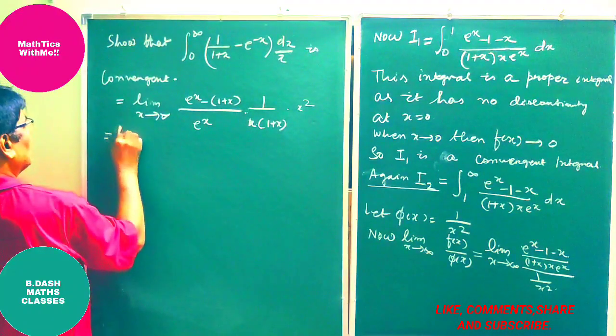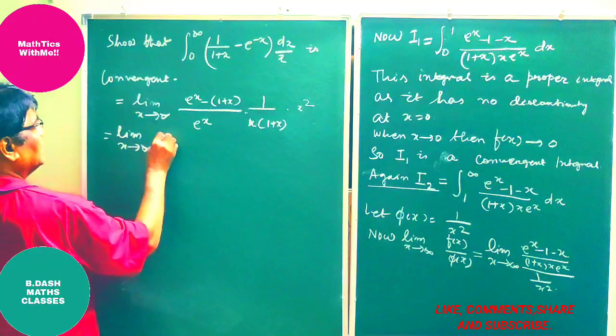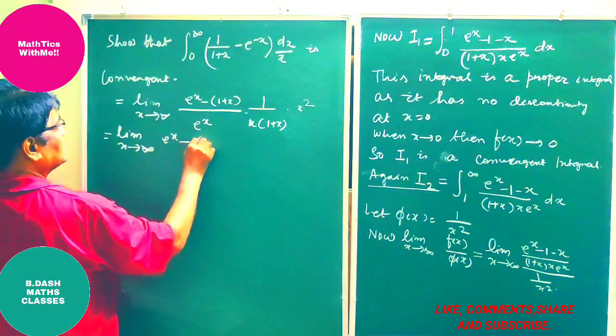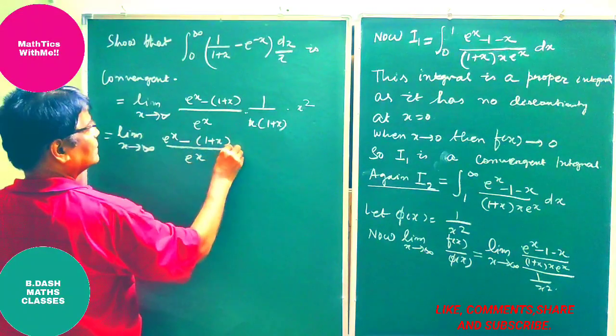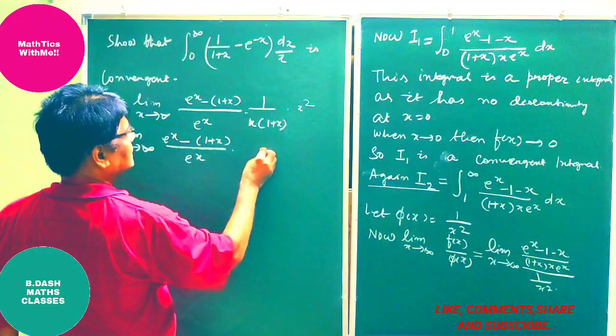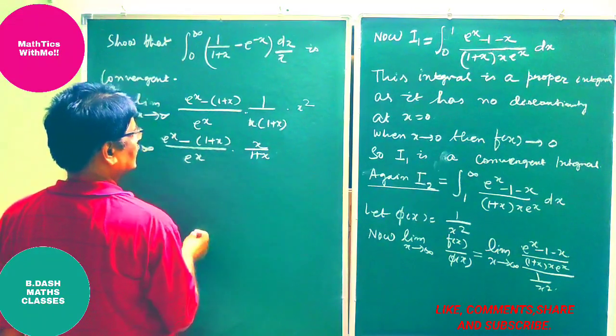So this is equal to the limit of (e to the power x minus 1 plus x) by e to the power x, into x by 1 plus x.